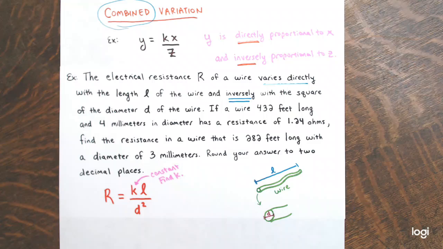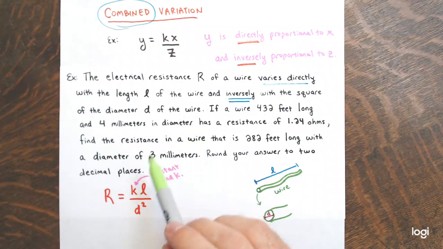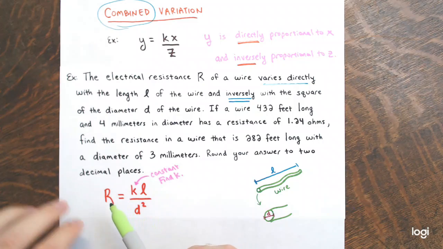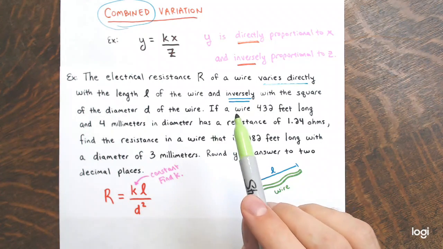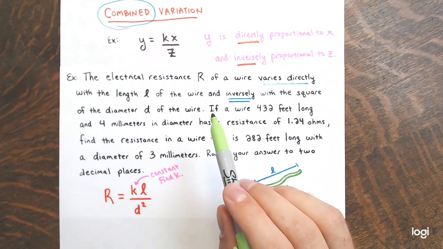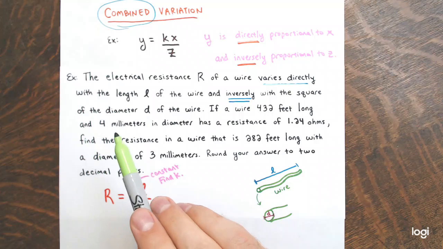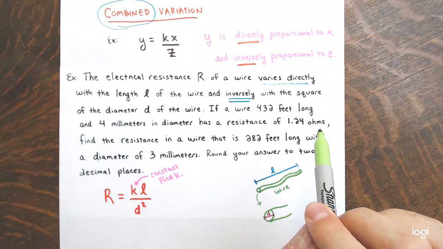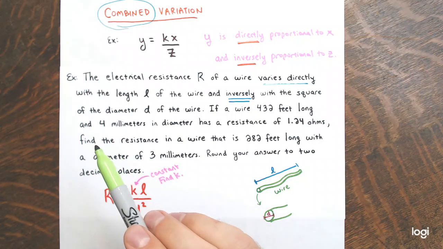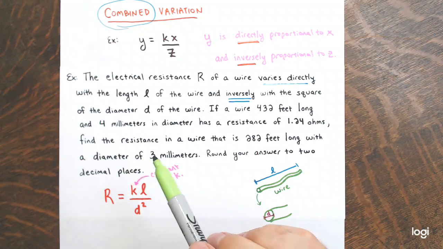All right, so reading back through, did the first sentence already establish this relationship? R varies directly with L and inversely with D squared, the square of the diameter. In the next sentence, if a wire that is 432 feet long and 4 millimeters in diameter has a resistance of 1.24 ohms, find the resistance in a wire that is 282 feet long with a diameter of 3 millimeters.